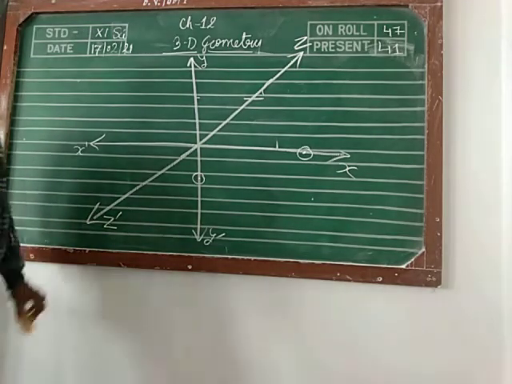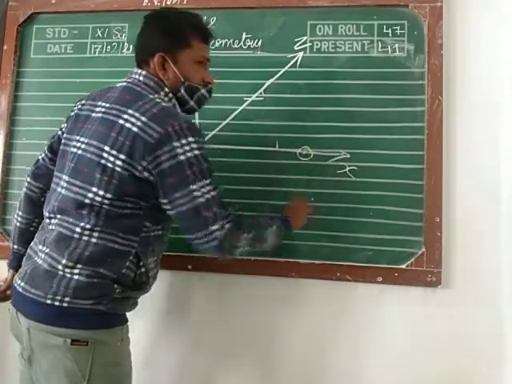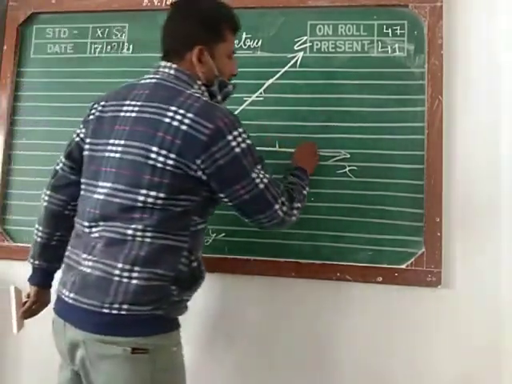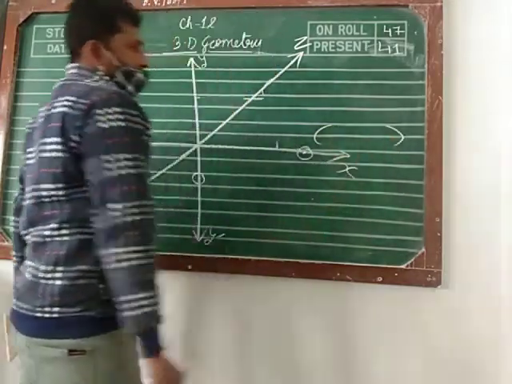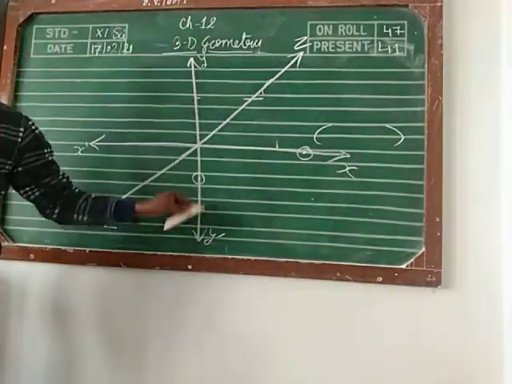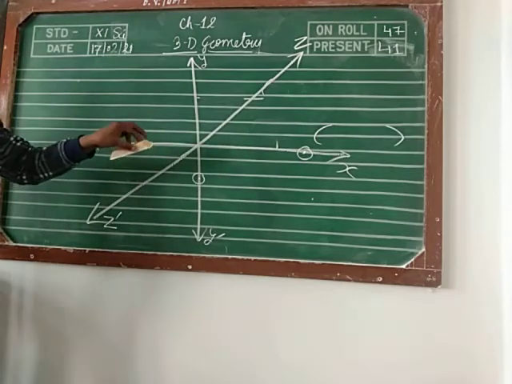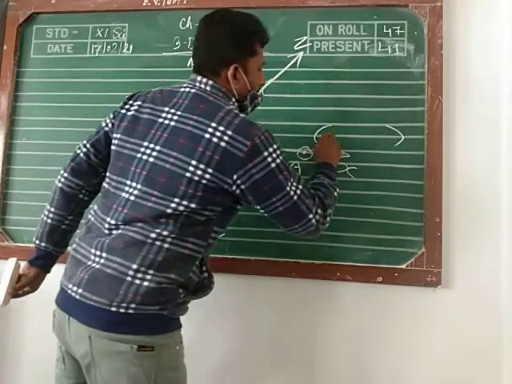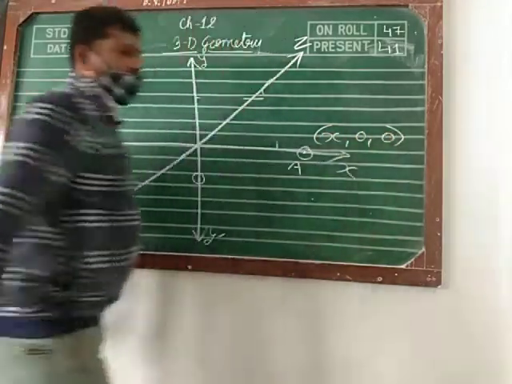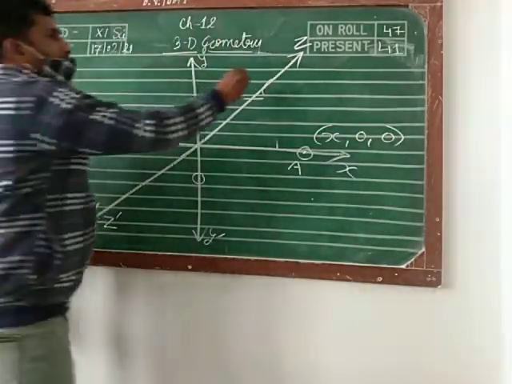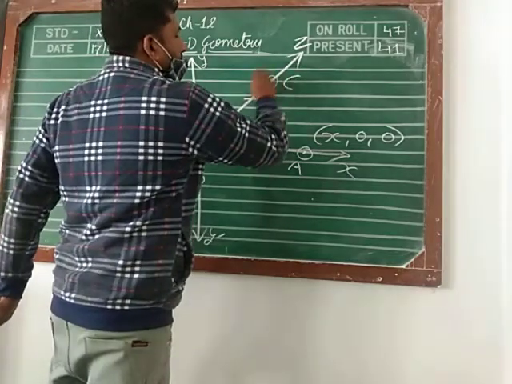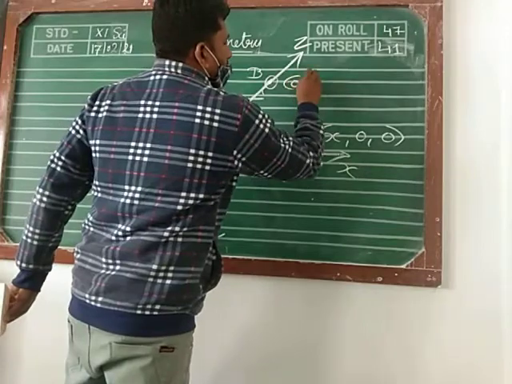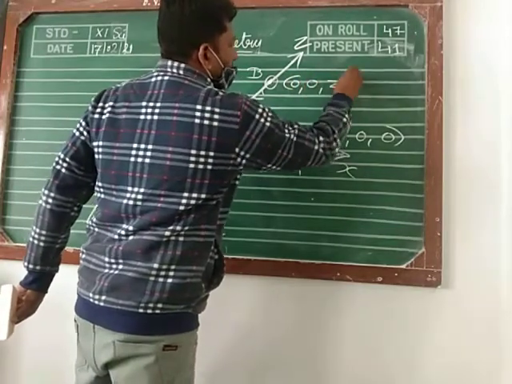Then the question is, if you are taking a point on the x-axis, what will be the coordinate of this point? If we have x-axis, y-axis, z-axis, then the coordinate of this point is (x, 0, 0). If I am taking a point on the z-axis, then the coordinate is (0, 0, z).